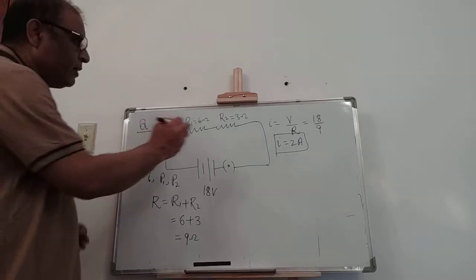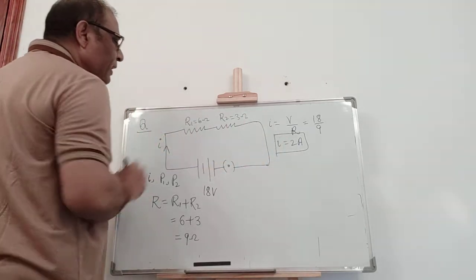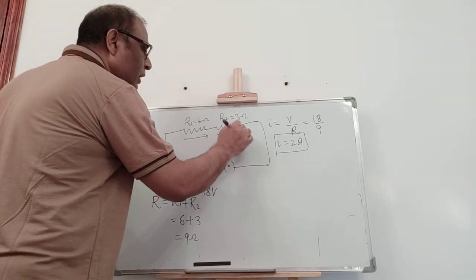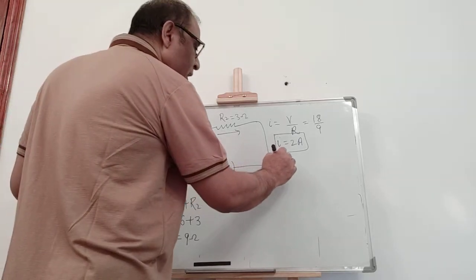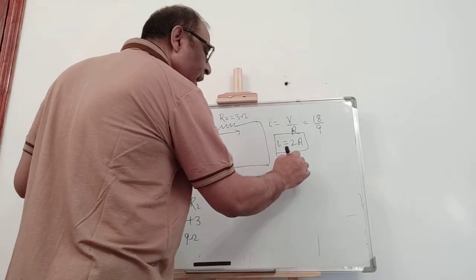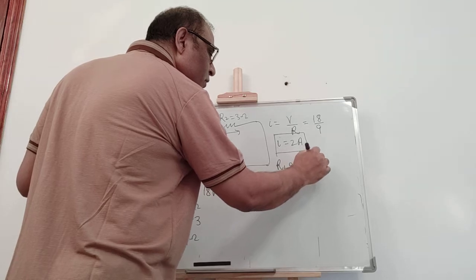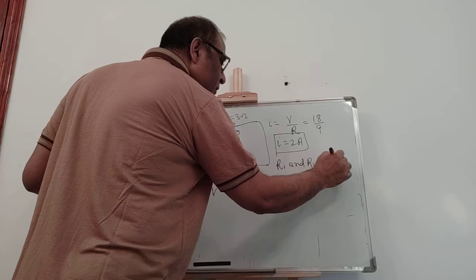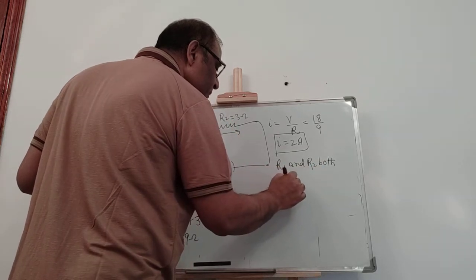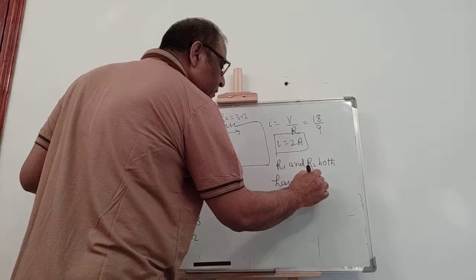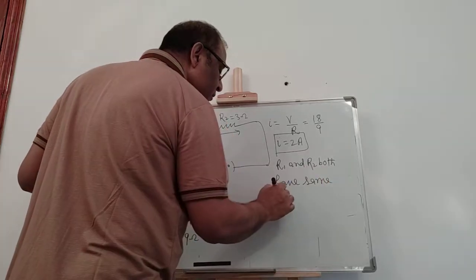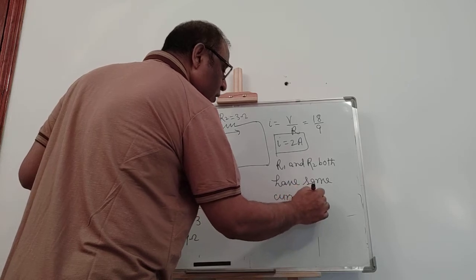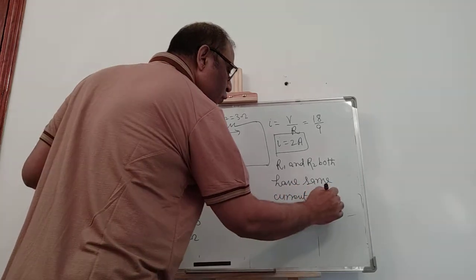It means this current of 2 ampere flows through R1 and also through R2. R1 and R2 both have the same current of 2 ampere.